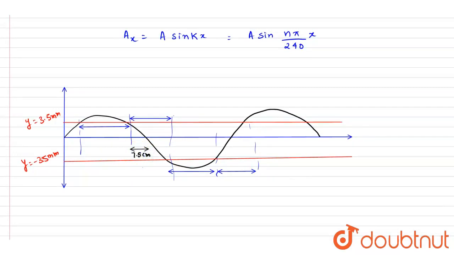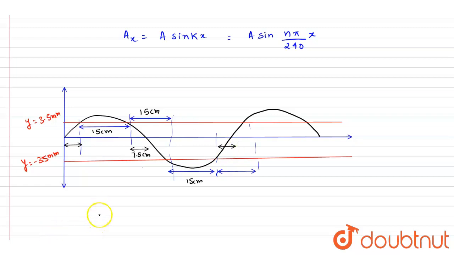Right. So you can see here this distance is 15 centimeter, and this is again 15 centimeter, and this is 7.5 and this is 7.5. This is 7.5, that is 15 by 2, and this is again 15 by 2.